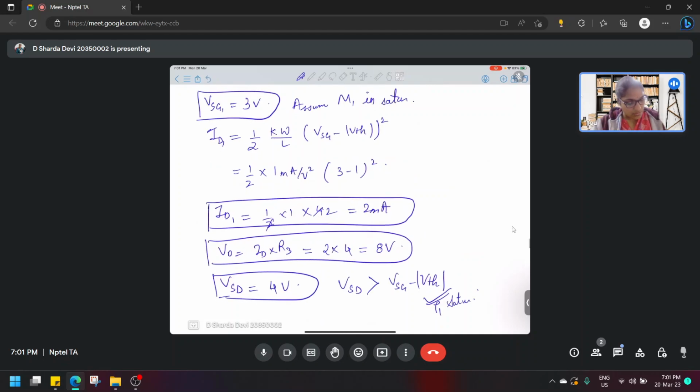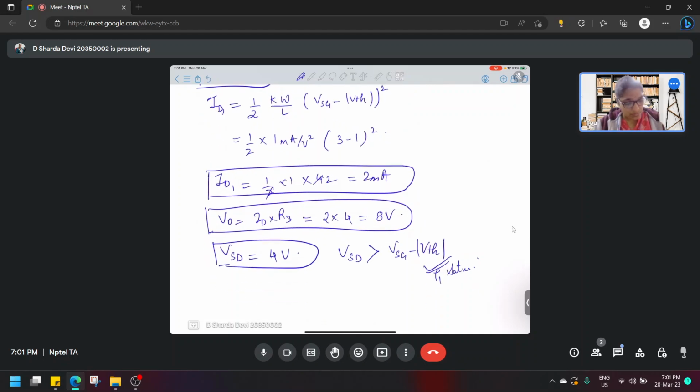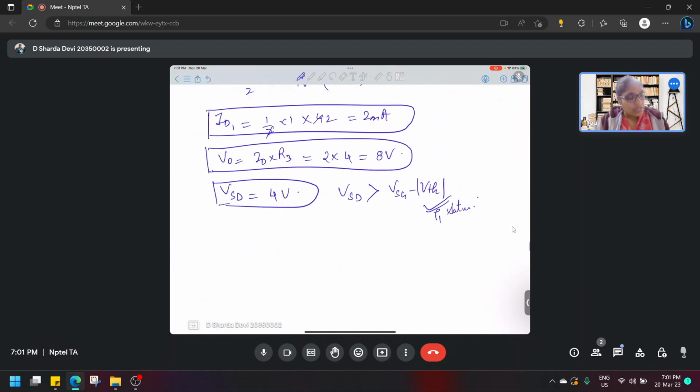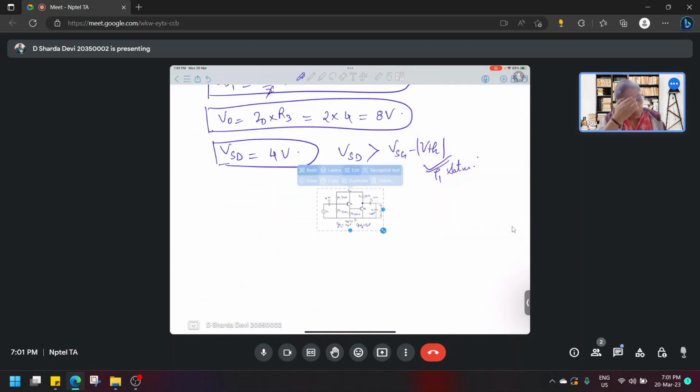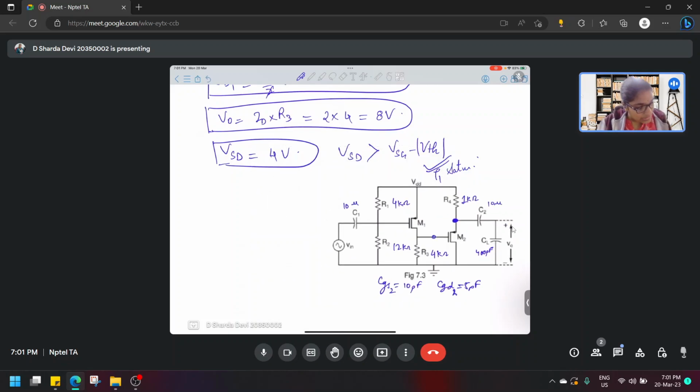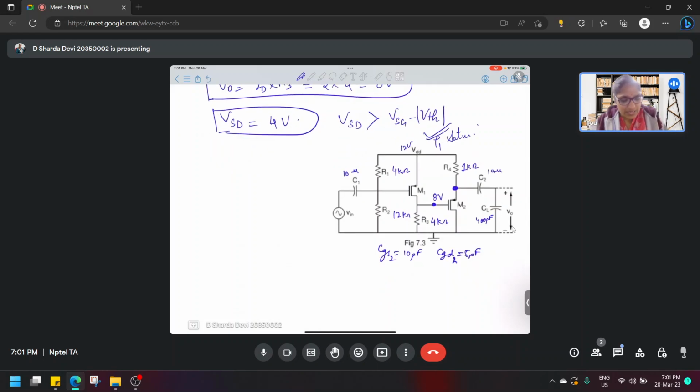Now we have found this VSD and we know VD to be 8 volts. This VD is 8 volts, this is 12 volts. So let's again assume T2 in saturation.